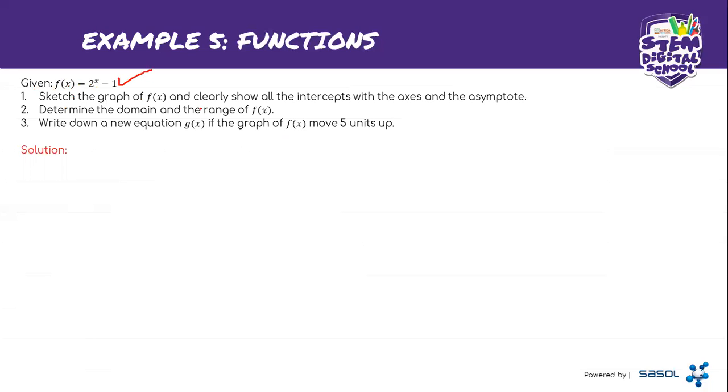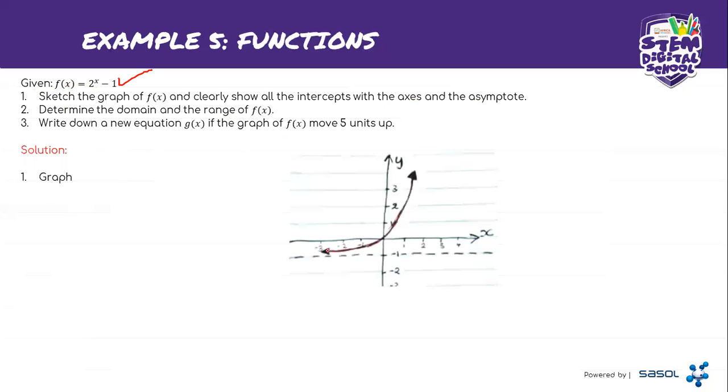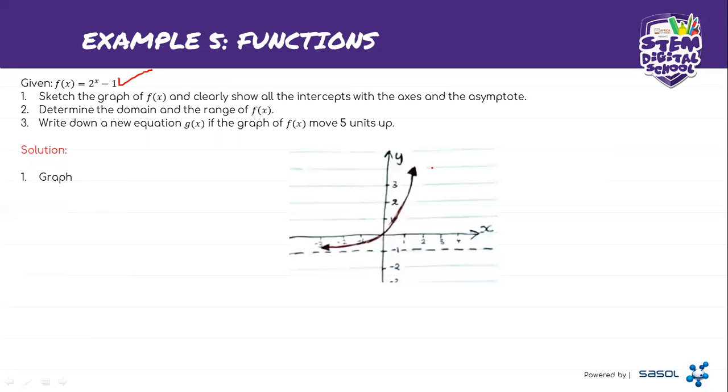Sketch the graph of f of x and clearly show all the intercepts with the axes. Now we have to sketch the graph. Let's see how we sketch the graph. You can see that the horizontal asymptote is -1. So we just make the broken line. You can see our asymptote line is this one, and then the y and x intercept is 0. So this is going to be the curve for the exponential graph, right?